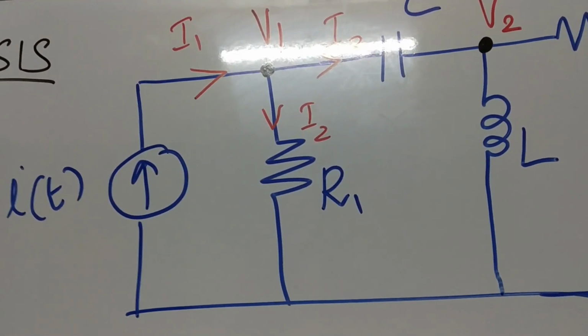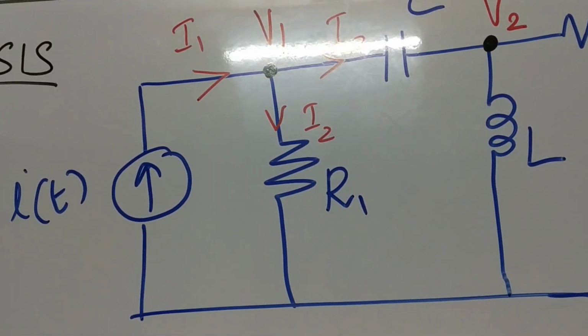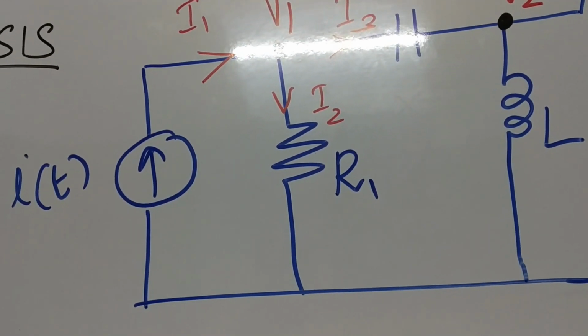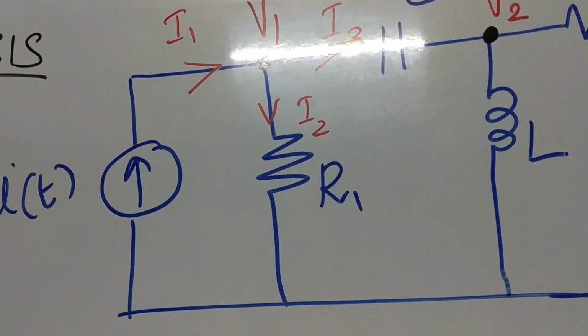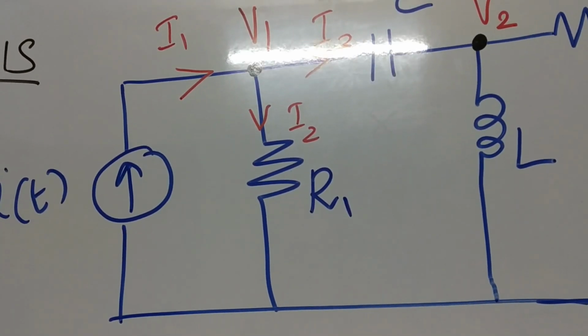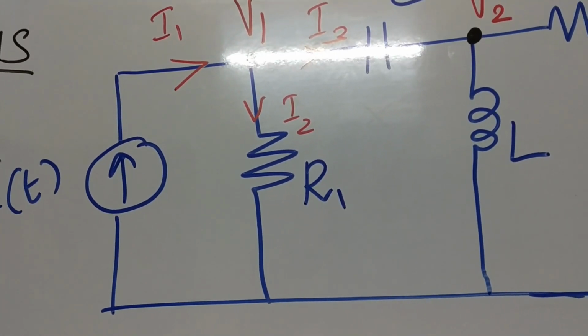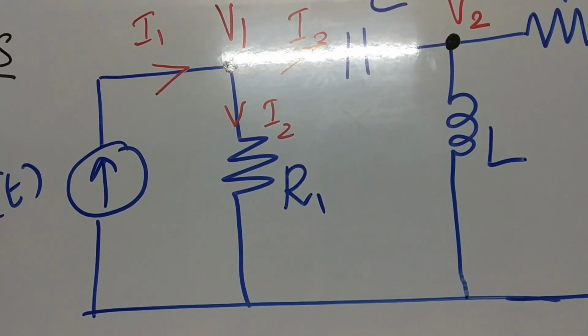What I mean is, if a current source is present in the branch, you take the direction of the current source as given in the question itself. Here a current source is given and the direction is flowing into the node. So you keep I1 as entering the node, and the other 2 branches you assume as leaving the node.